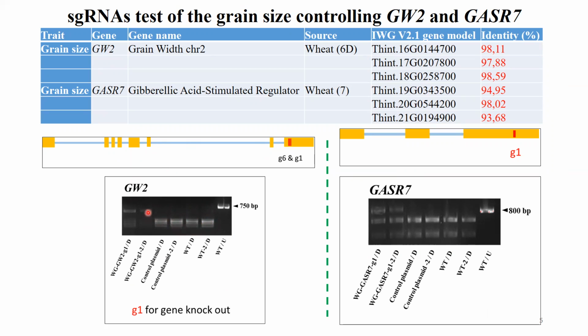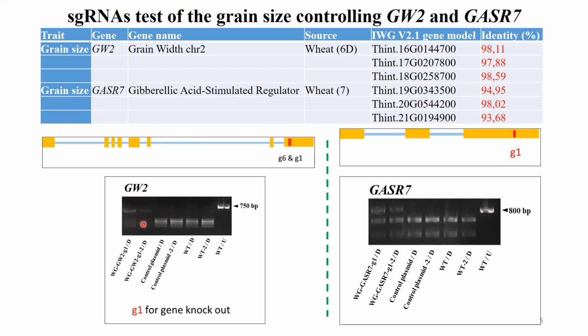When transfected with sgRNAs of GW2, you can see the target sequence of GW2 can only be partially digested, but there are some sequences left which cannot be digested.